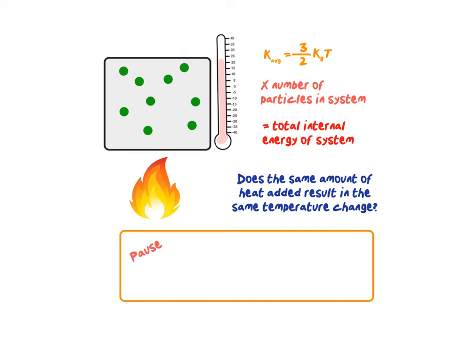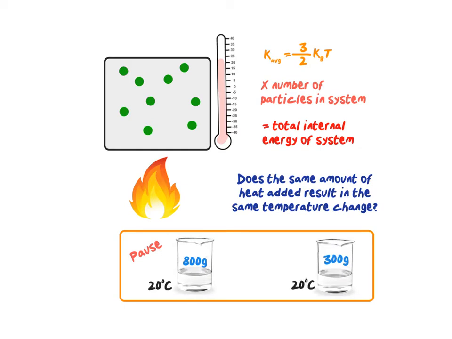So let's say that I have two beakers of water. One has 800 grams of water in it, and the other has 300 grams. Both are at a temperature of 20 degrees Celsius, and I'm going to apply heat to each. I'm going to apply the same amount of heat, and we're going to talk about how we would know that in a little bit.